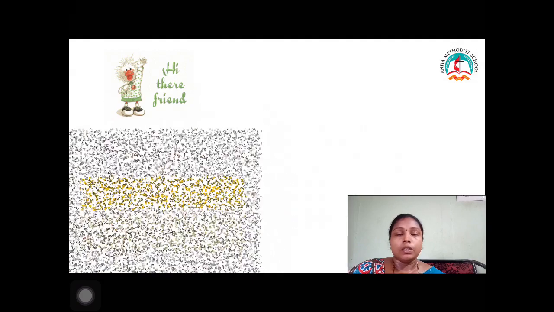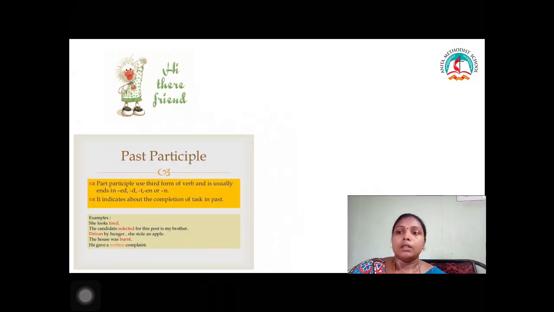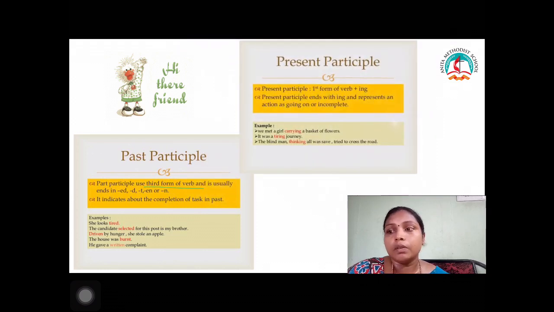Next we have participles: present participle and past participle. In present participle, we talk about the first form of verb plus ing. In present participle, the action is not completed. The action is incomplete.